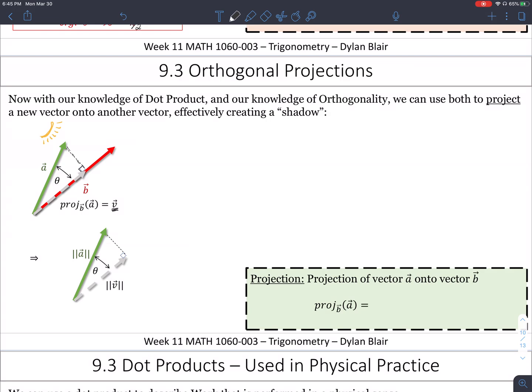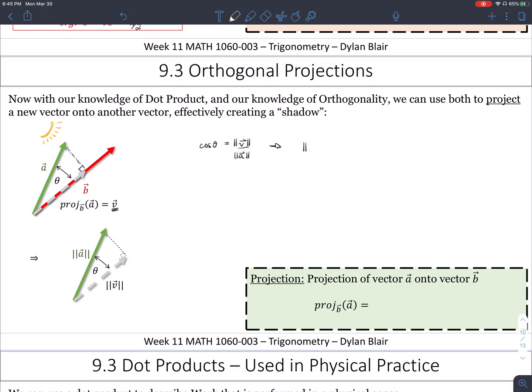We're going to be talking about vector V now because that's what's composing this right triangle. So we can say that cosine of theta is equal to V, adjacent, over A, hypotenuse. And that's just the lengths of these guys, right? The magnitudes.